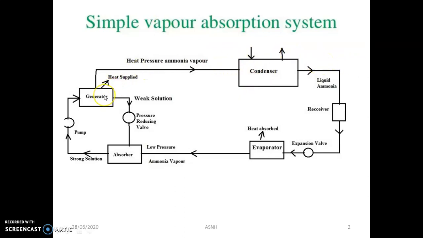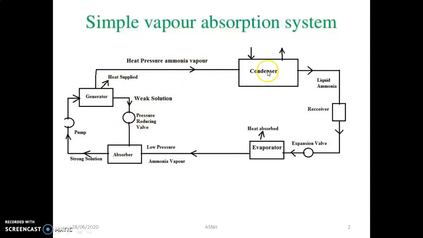Whatever ammonia is vaporized from the generator, sometimes some water remains in the generator, and it enters the absorber through the pressure reducing valve. So that weak solution again enters the absorber and the system repeats continuously.